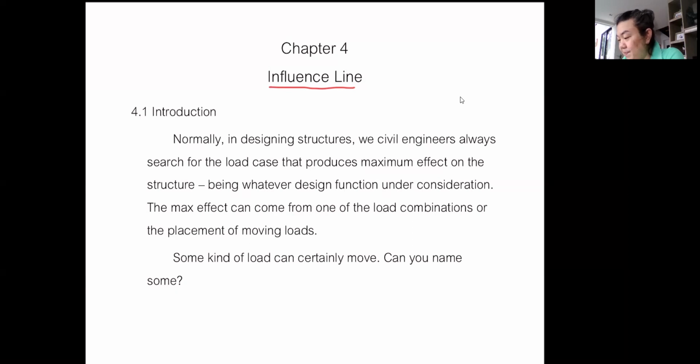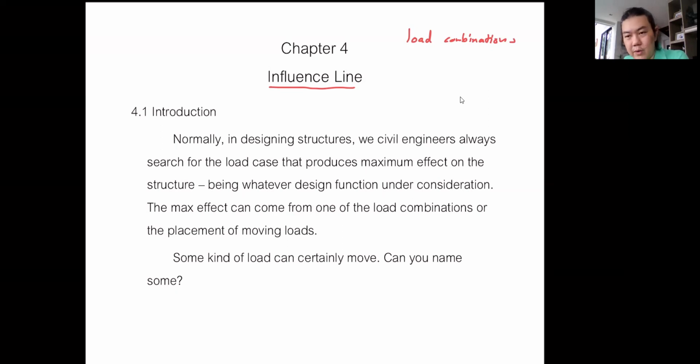That would be the load combination, because there are so many kinds of loads that can be imposed on your structure. For example, dead load, live load, wind load, earthquake, water, flood, and fire load, and so on.